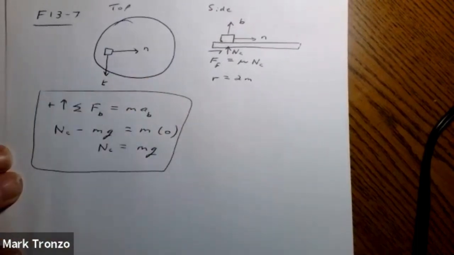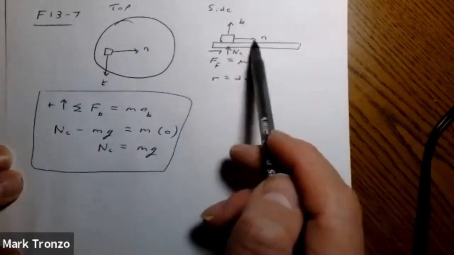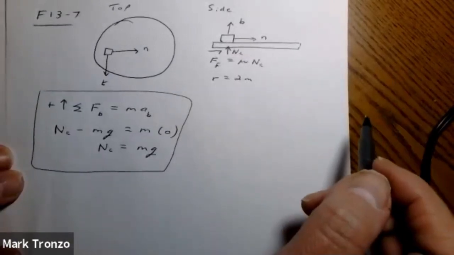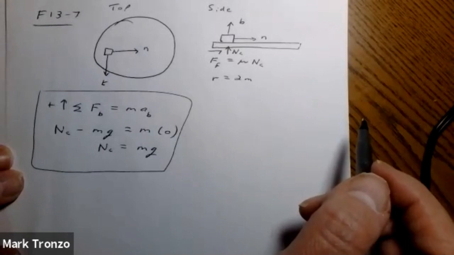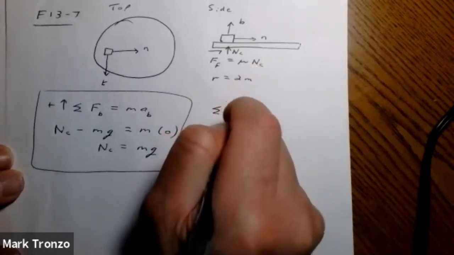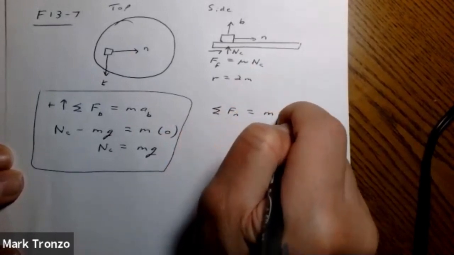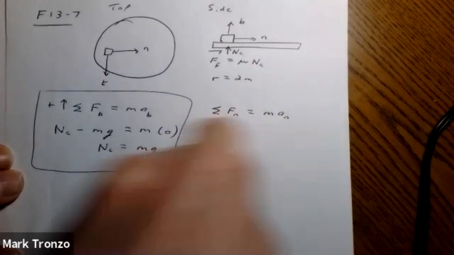Now, if we sum the forces in the normal direction up here, so this is the normal direction here, sum of F_n equals m a_n, like this.